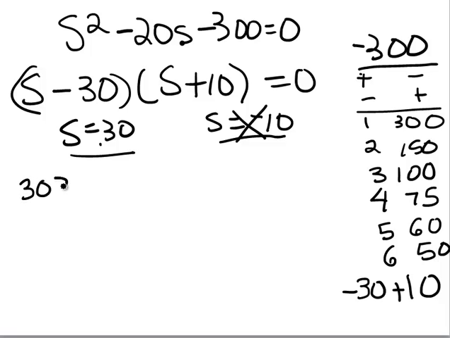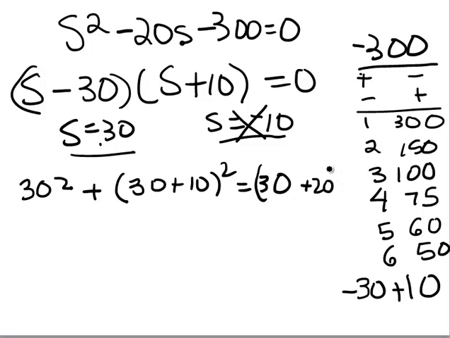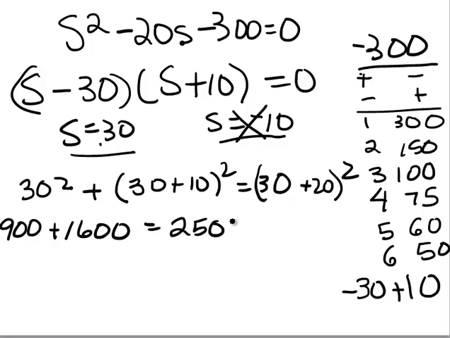So 30 squared plus (30 plus 10) squared equals (30 plus 20) squared. 900 plus, 30 plus 10 is 40, and 40 squared would be 1600, and 30 plus 20 would be 50, and 50 squared would be 2500. And since 9 and 16 is 25, yay, we won!